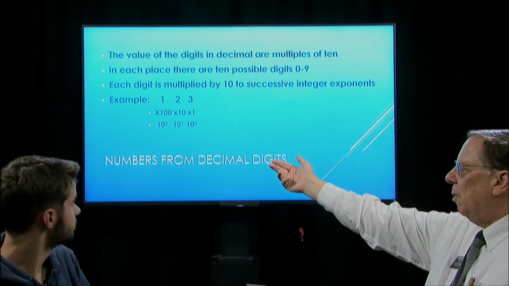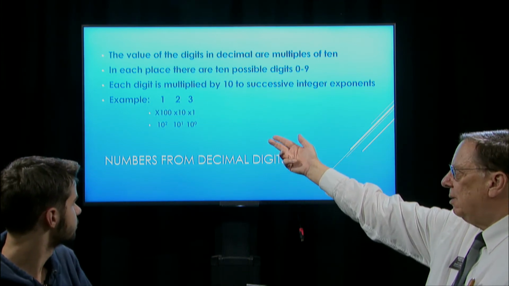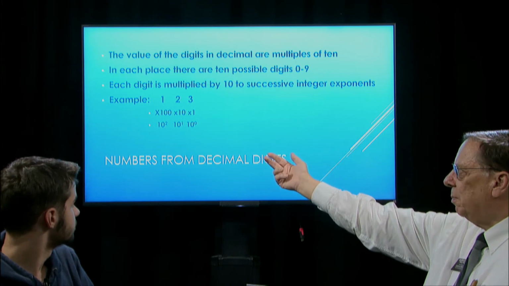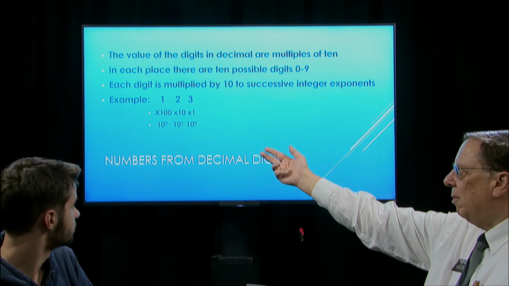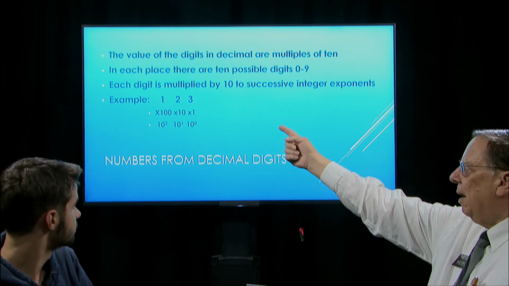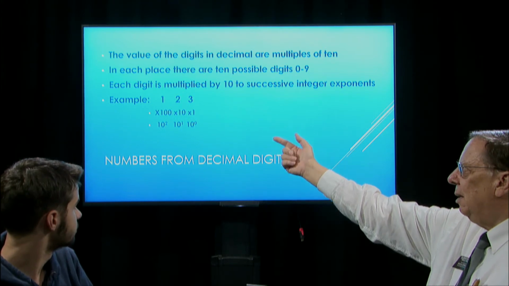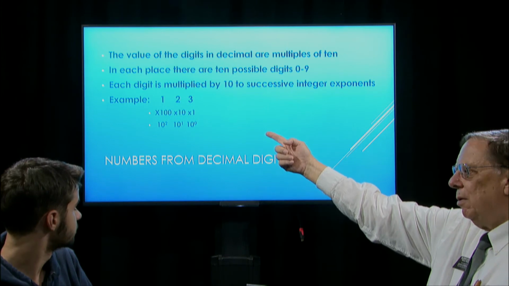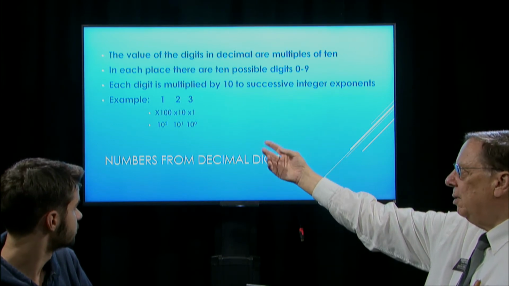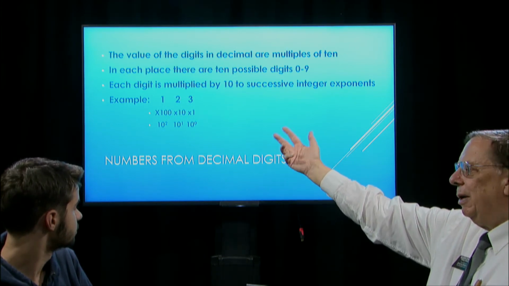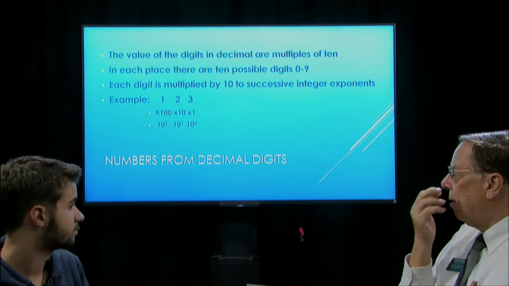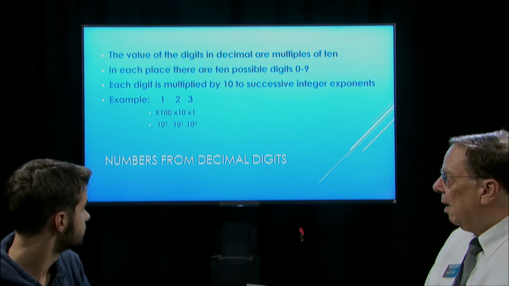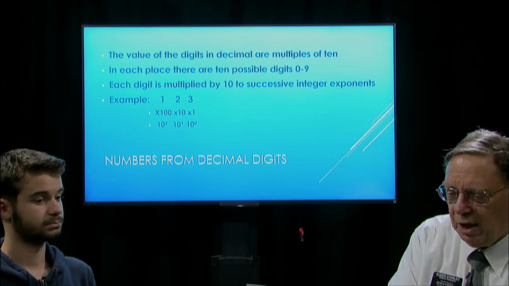The second digit is multiplied by 10 to the first power, or 10. The third digit is multiplied by 10 to the second power, which is 100. So if we have a number like 123, we multiply the 1 by 100, the 2 by 10, and the 3 by 1. That's how we make our numbers in decimal. Each digit is a multiple of 10.